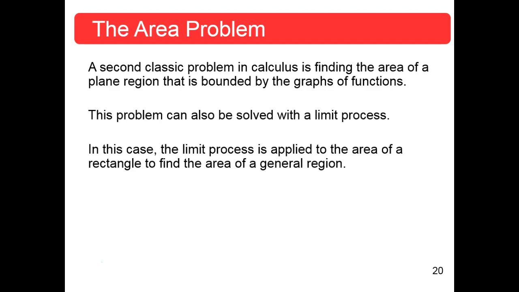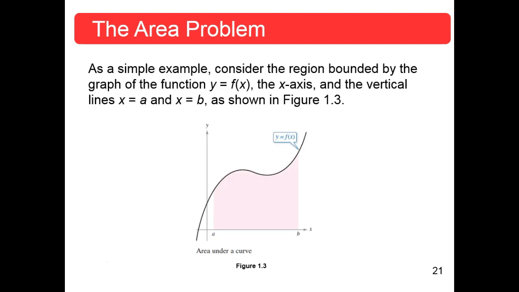Whereas before it was a slope of a secant line approaching the slope of a tangent line, this time it's areas of rectangle approaching some other area. So here is the thing. Simple example, consider region bounded by this function, y is equal to f of x, okay?